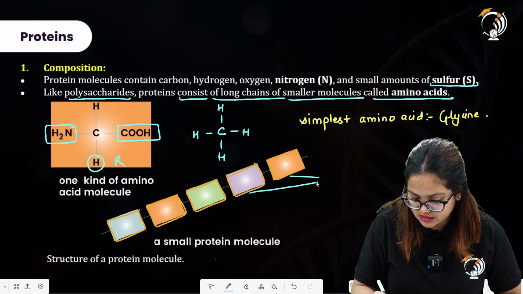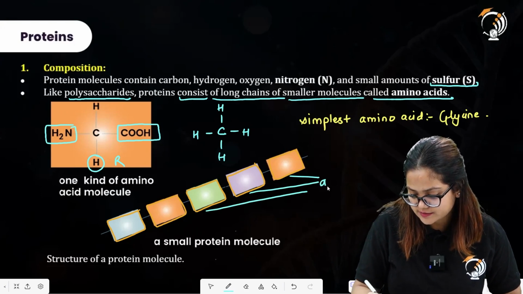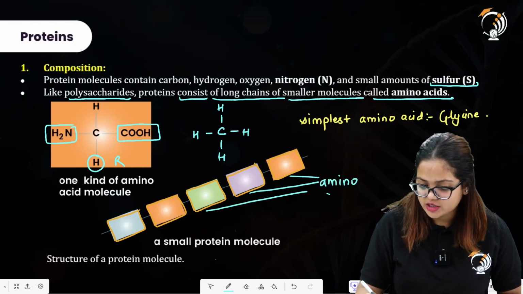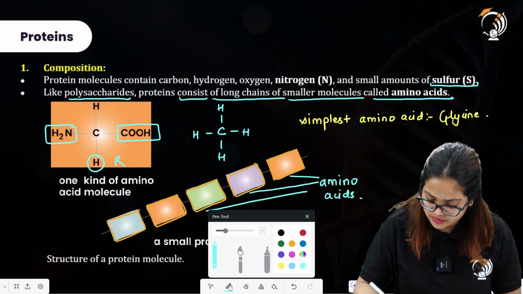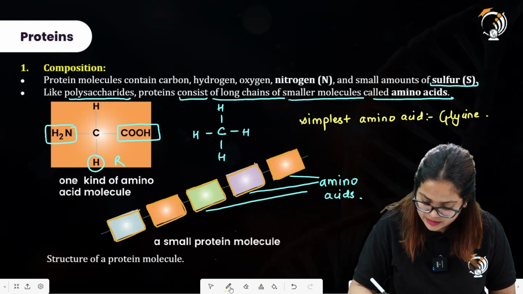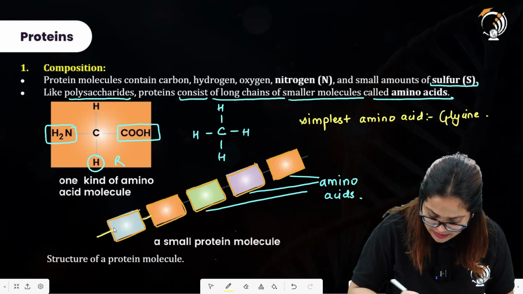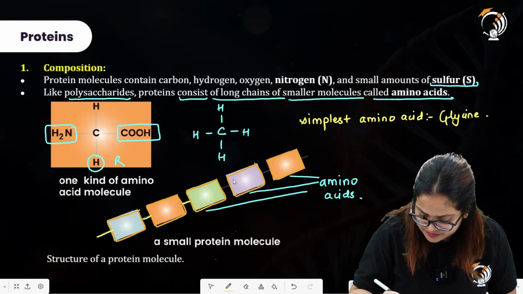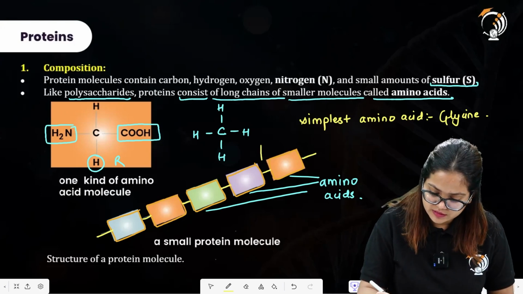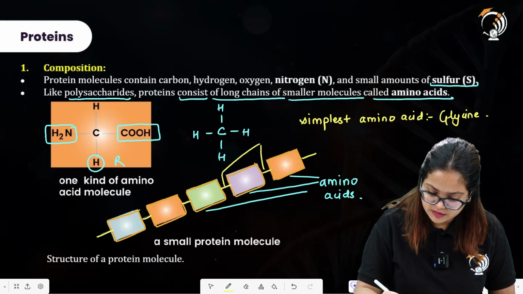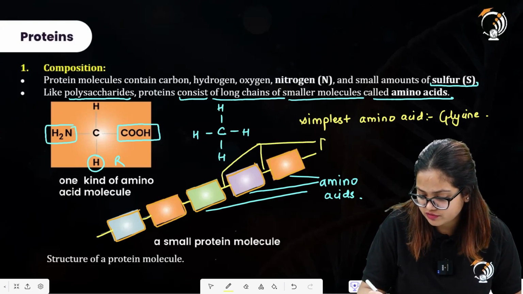These amino acids are linked by peptide bonds. So we have the peptide bonds in between. This is the peptide bond. This is the peptide bond. This one is also here. The representation of peptide bond.